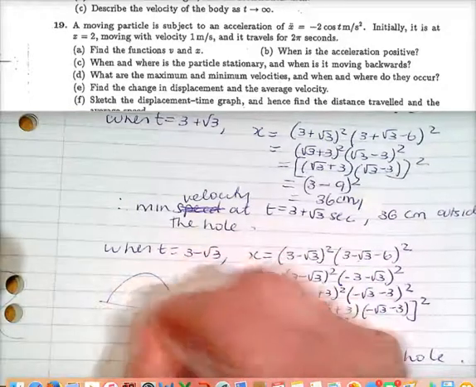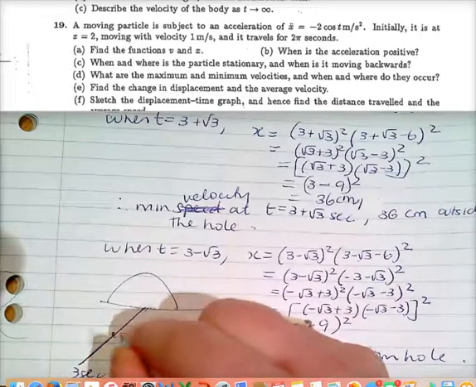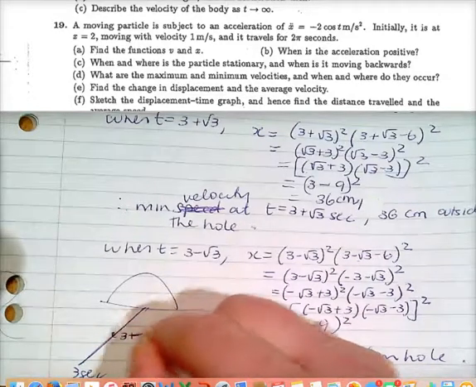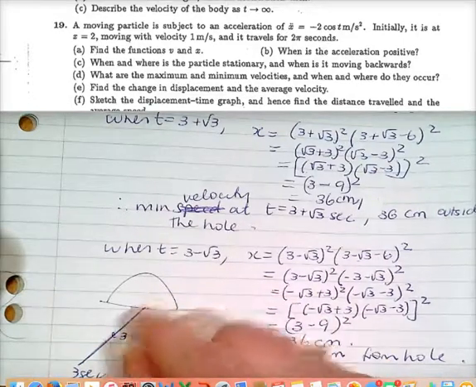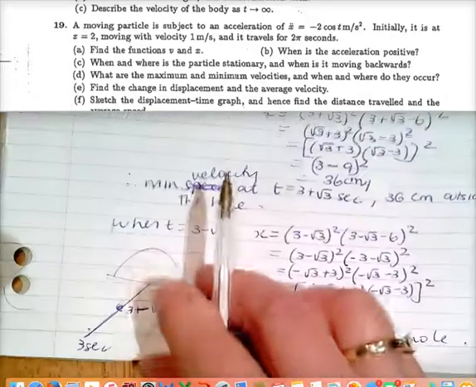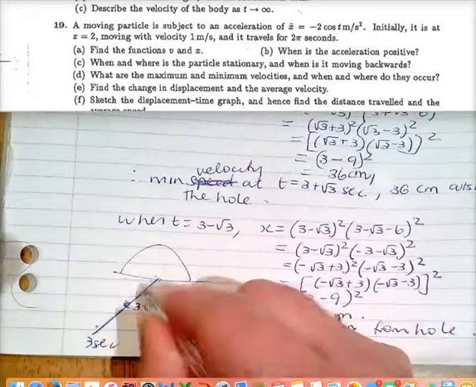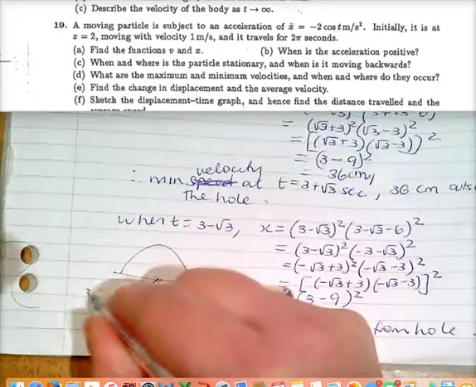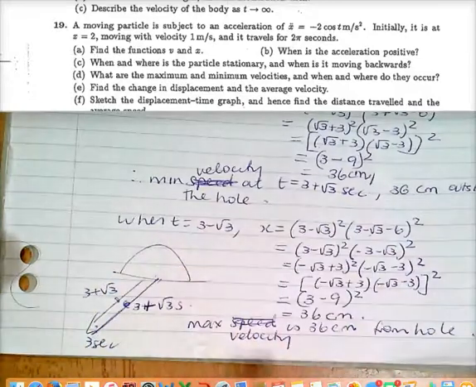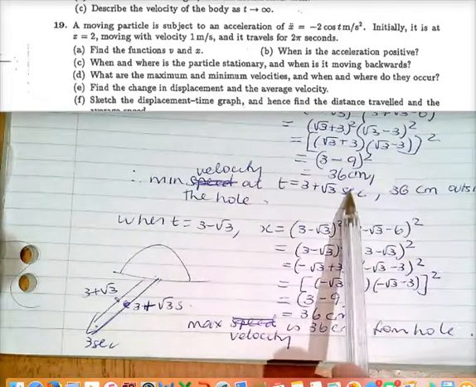So you've got the mouse hole, comes in, comes out. This is at 3 seconds. At 3 minus root 3 seconds, he's at his fastest velocity, but coming out in the positive direction. And coming back at 3 plus root 3 seconds, he's still at that maximum speed, but because it's going in the negative direction, it's called minimum velocity, but it's actually the same speed.